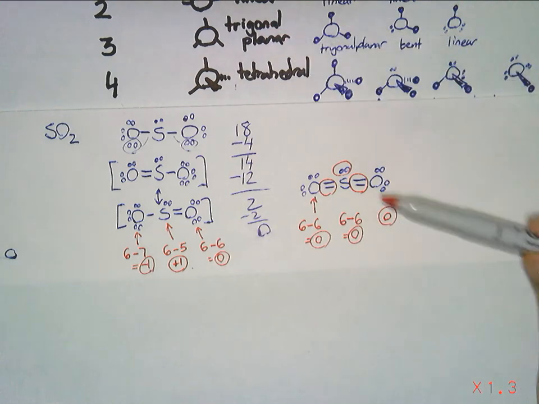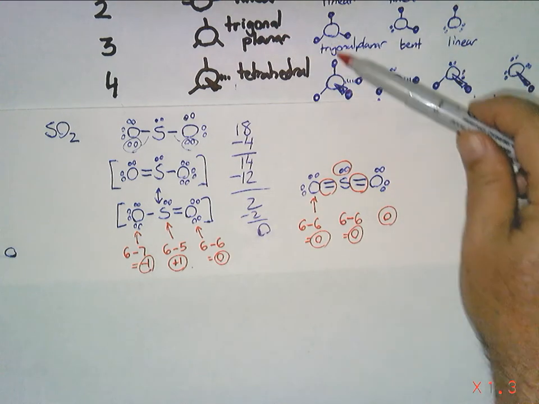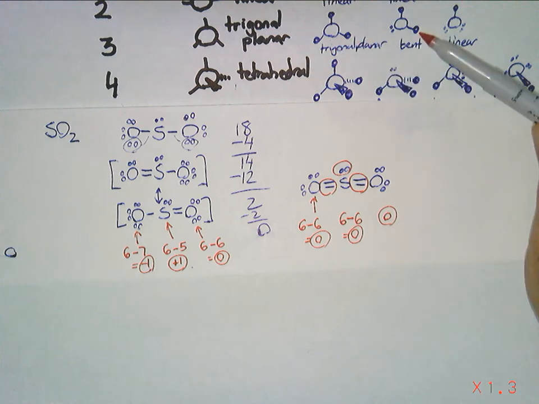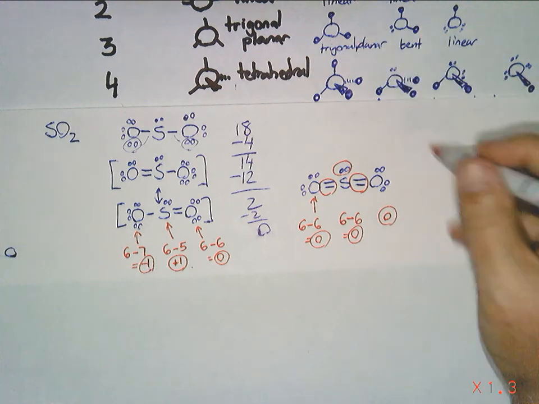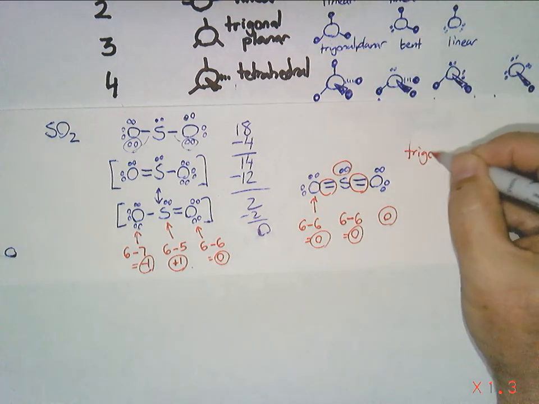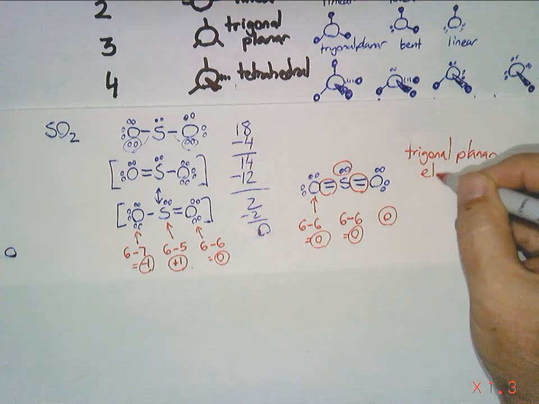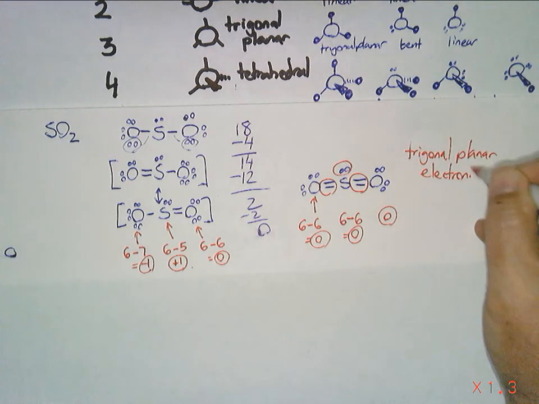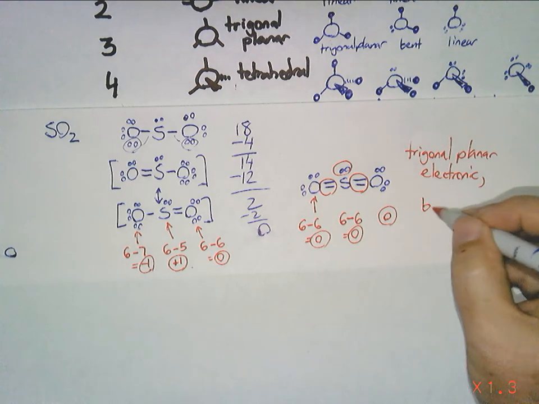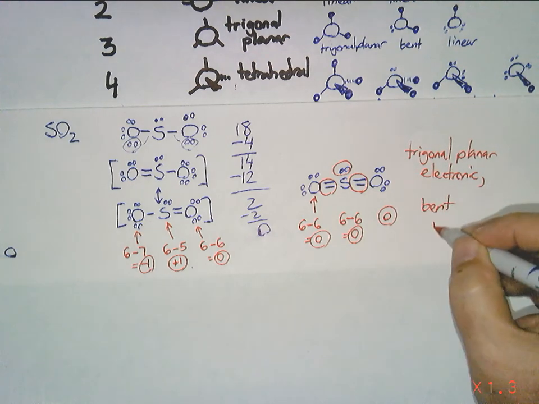And let's see, what's the molecular geometry? Not trigonal planar, but bent. So we'd say it has a trigonal planar electronic geometry and a bent molecular geometry.